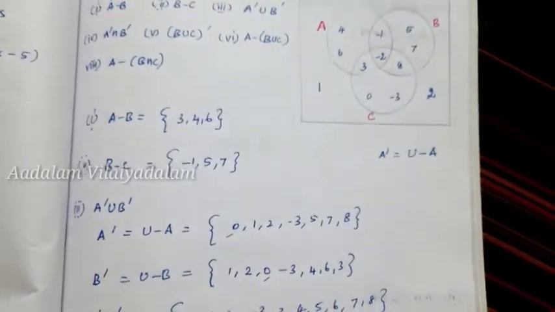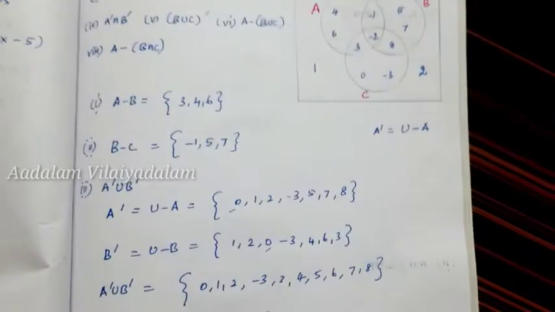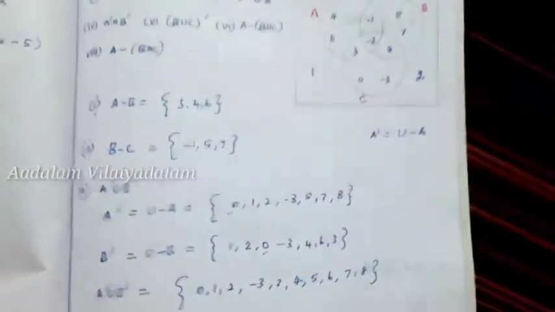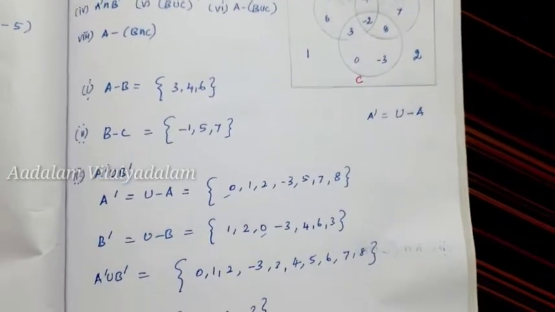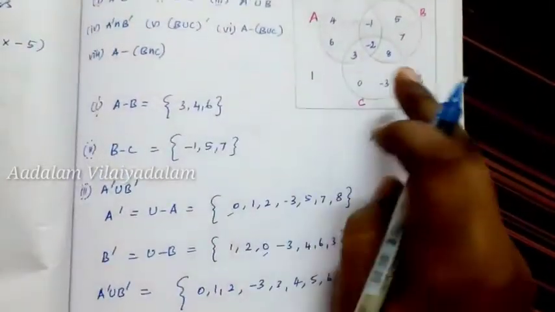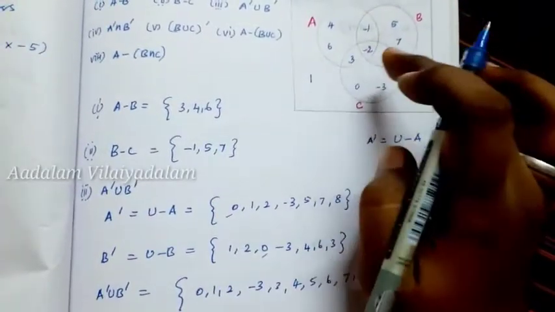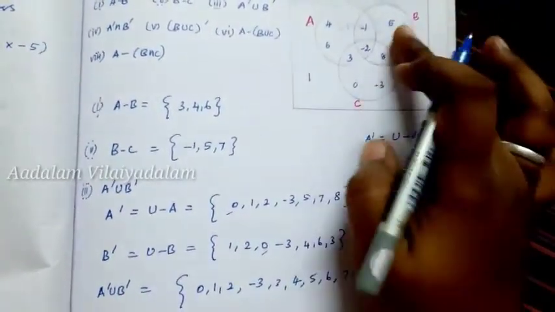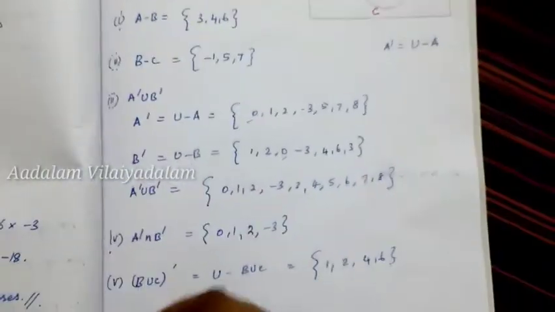Except this, the remaining elements are called (B union C) dash. So what is that? 1, 2, 4, 6. These are the elements left after uniting the elements of B and C.